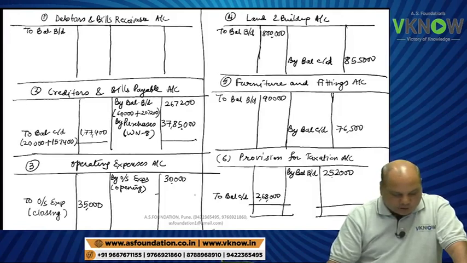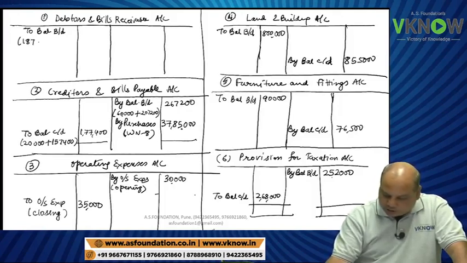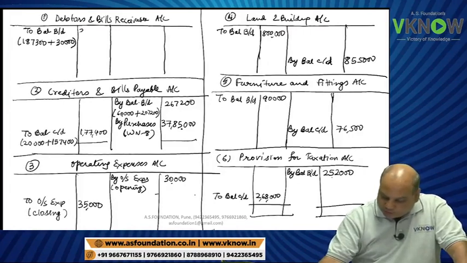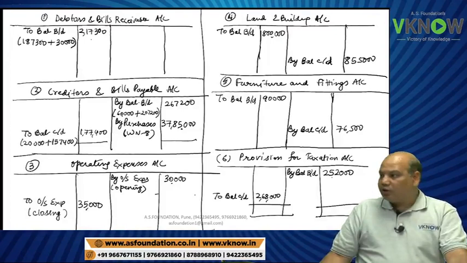You write debtors 1,87,300 plus bills receivable 30,000. So total opening balance of these two would be 2,17,300.